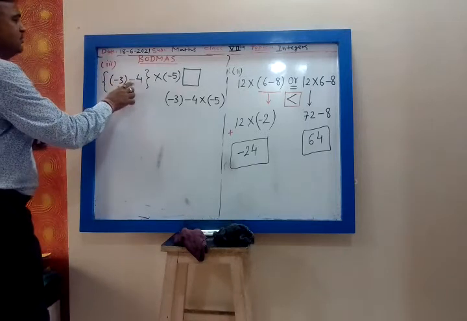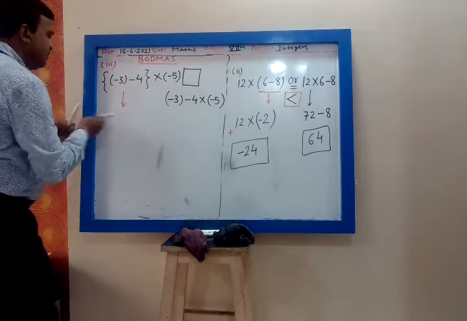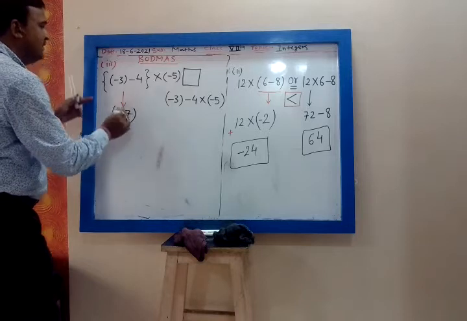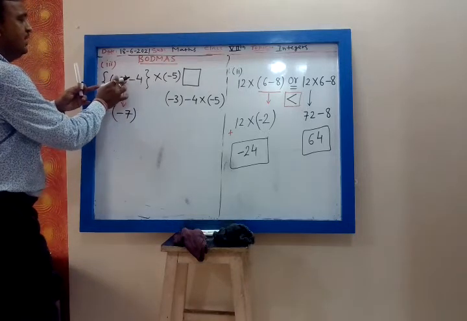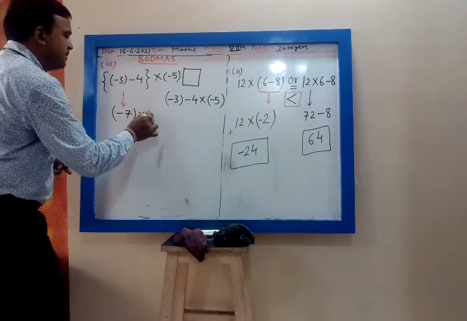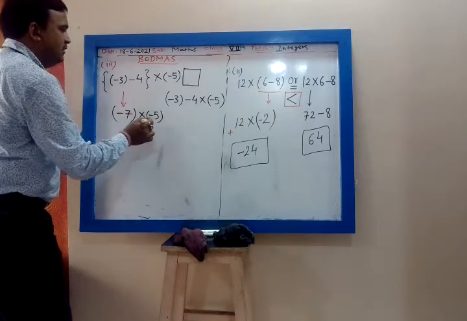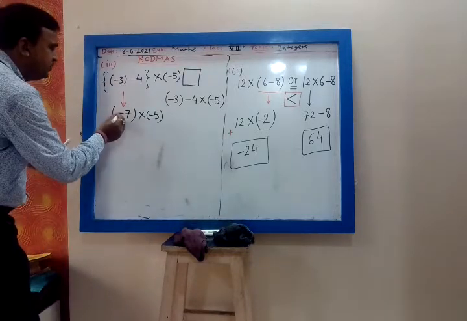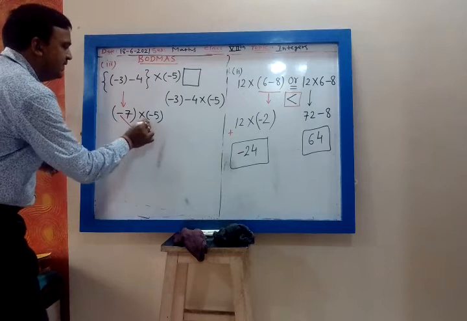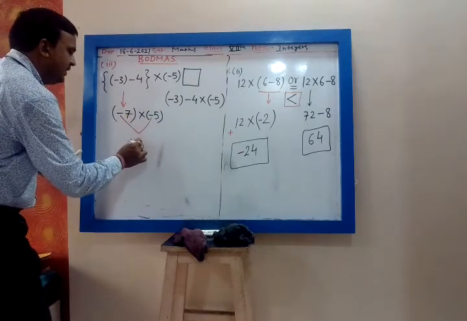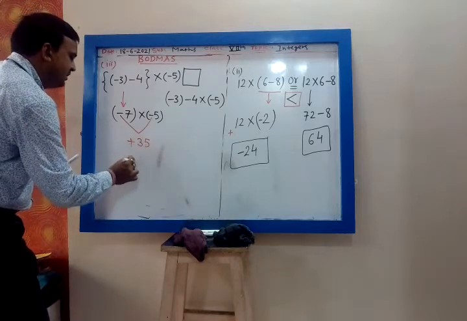So the common sign will be minus 7. So minus 7 is this bracket value. Into minus 5: minus into minus will be plus. 7 into 5, 35. So the answer is plus 35.